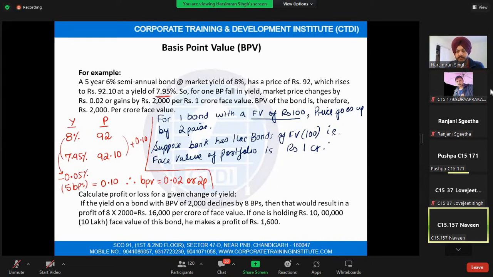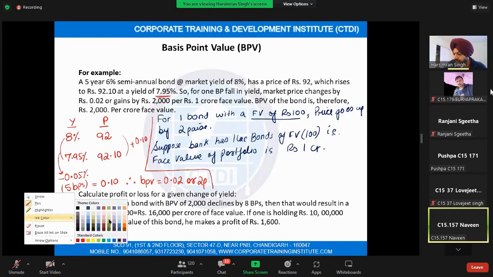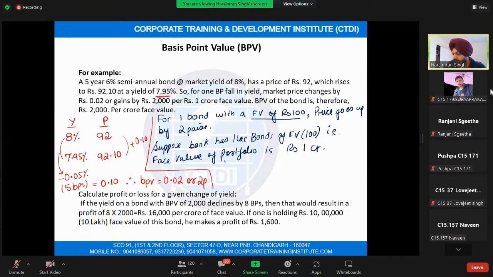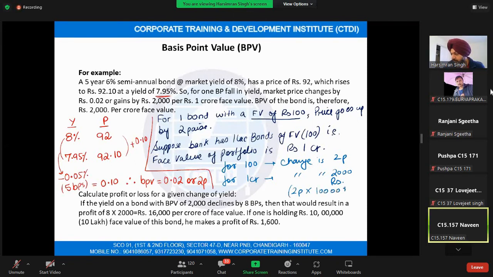Can I say for 100, the change is 2 paisa. For 1 crore, the change will be 2000 rupees, 2 paisa multiplied by 1 lakh. Yes or no? Yes sir.